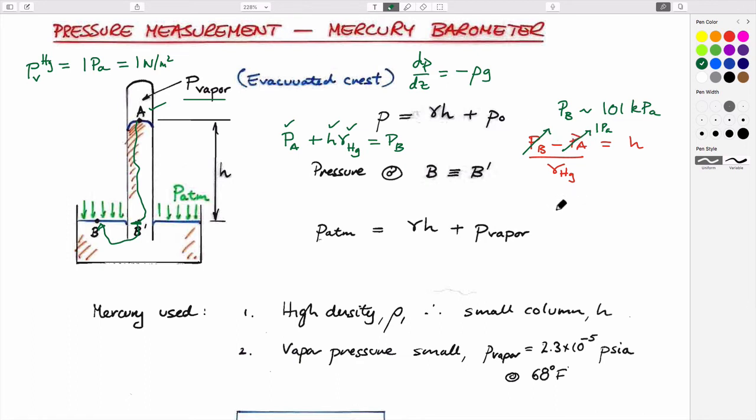So if you look at the ratio of this, it's going to be something like 100. Well, let's just do it properly. Is it 101.3 times 10 to the 3 newtons per meter squared, divided by the density of mercury multiplied by gravity? So gravity is 9.81.